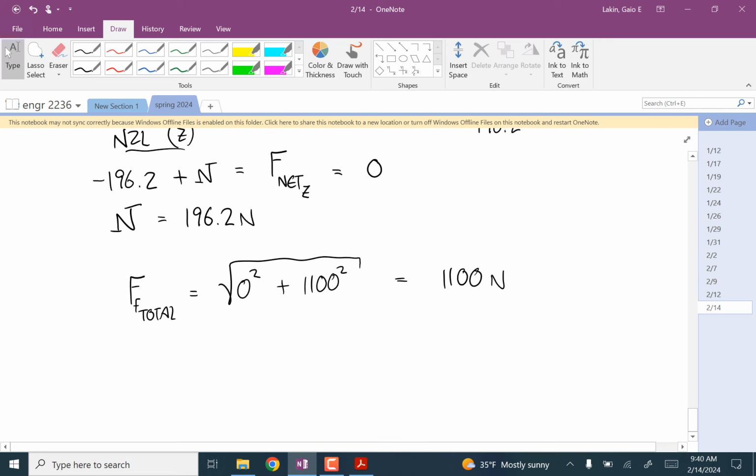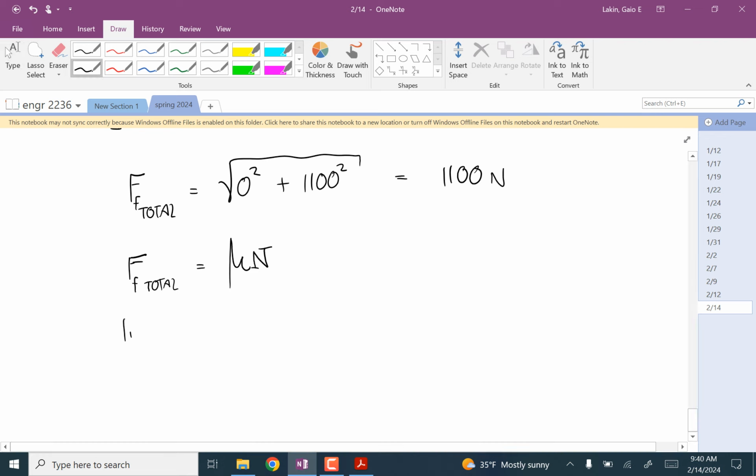And so F total is equal to the coefficient of friction times the normal force. So we have that 1100 is equal to the coefficient times 196.2.